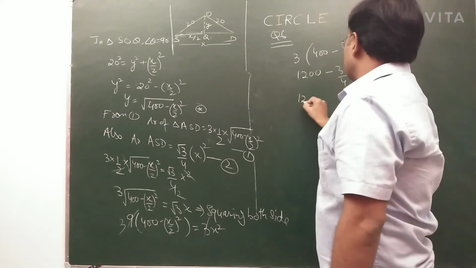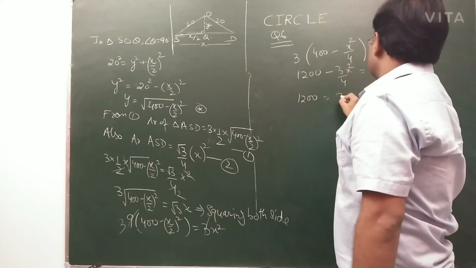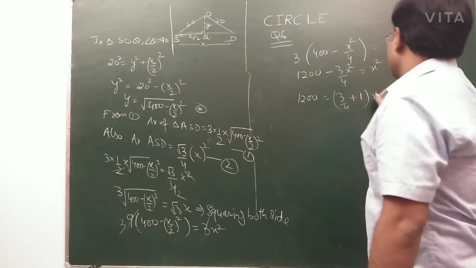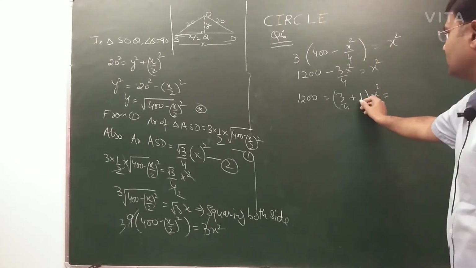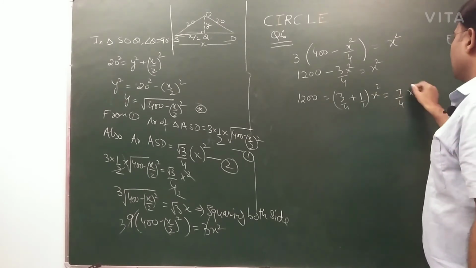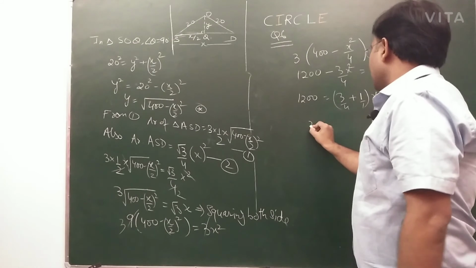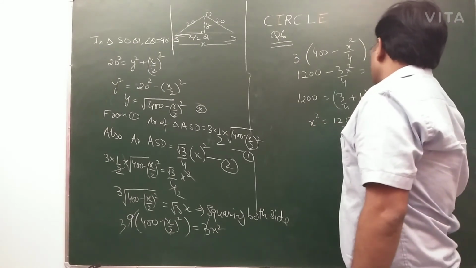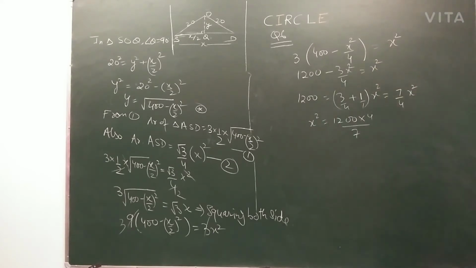So this is 1200 and this is 3 by 4 plus 1, taking x square common. Simplifying, this is 3 plus 4, 7 by 4 x square. So your x square will be 1200 into 4 upon 7.